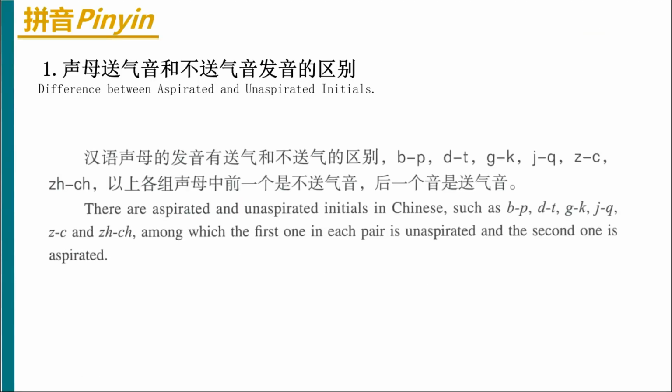Number 1, the difference between aspirated and unaspirated initials, which is these 6 groups of initials that is being listed here. The aspirated initial means when we are speaking this sound, there's a strong airflow comes out of our mouth, such as the first one, bo and po.